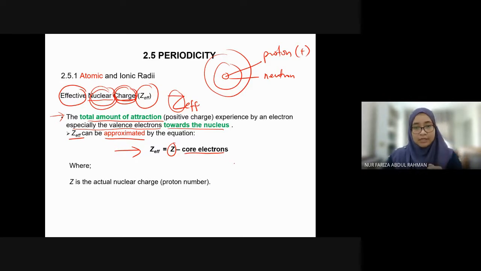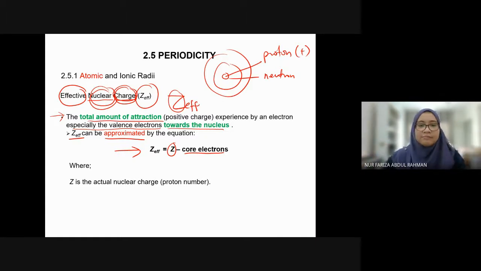Because remember, Z effective measures the attraction between the nucleus and the valence electron. So kita kena minus lah the core electron tu. Then only we can measure the charge felt by the valence electron.